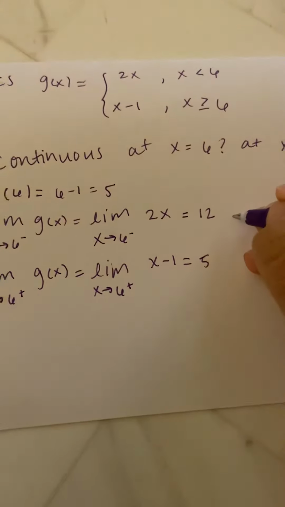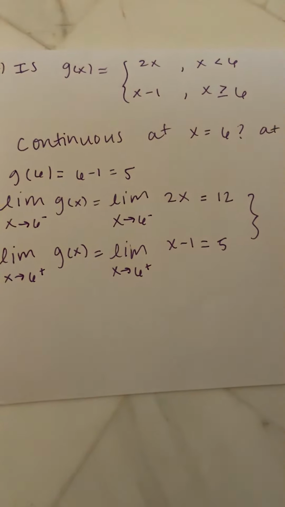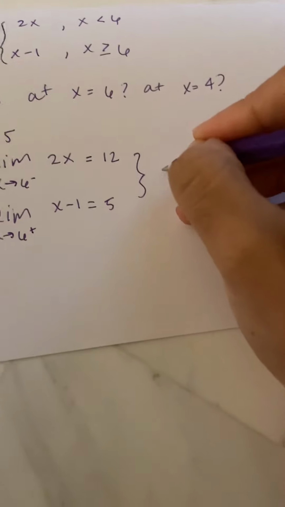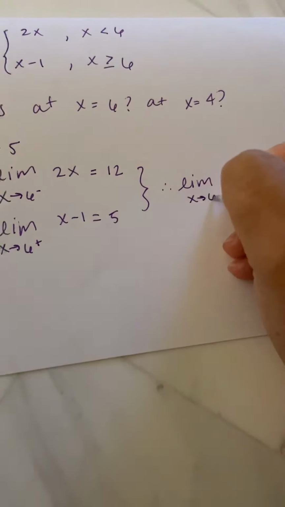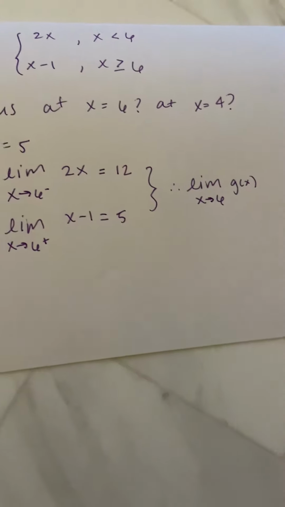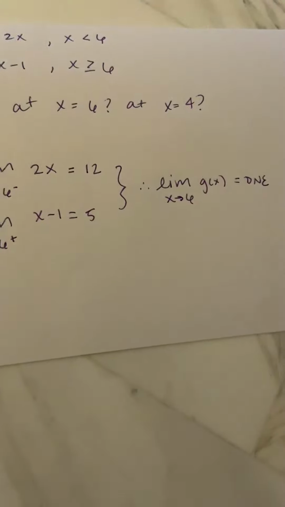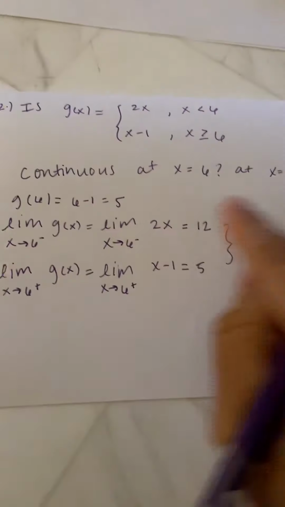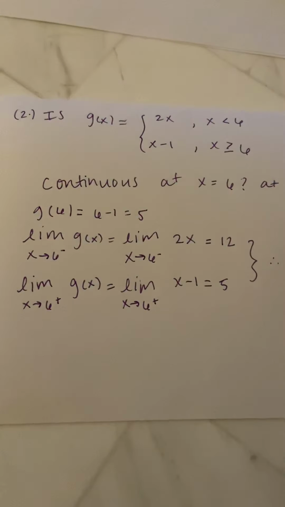Okay? However, since those two limits, the left and the right, do not coincide, I can say that the limit as x approaches 6 in general does not exist. Okay, and obviously since the limit does not exist and this function value is not the same, I can say that g is not continuous at 6.